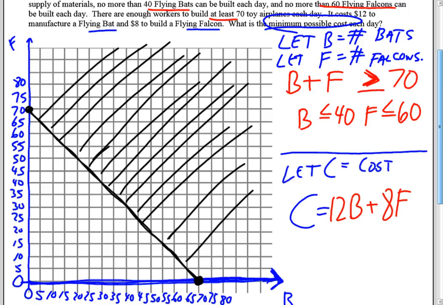And then you can throw in whatever you want for the other ones. I'll throw in 10 and 20. If I plot those points, 40, 10 and 40, 20, I end up getting a vertical line for this one. Where do I shade? Left or right? Left. I'm shading this way.